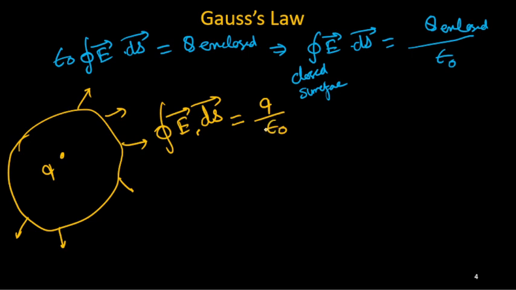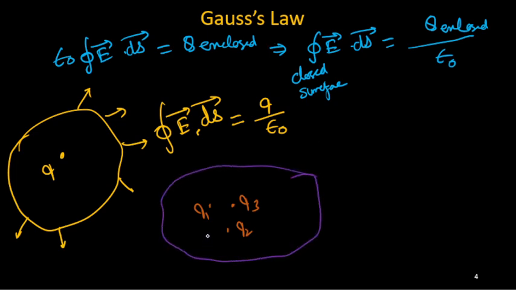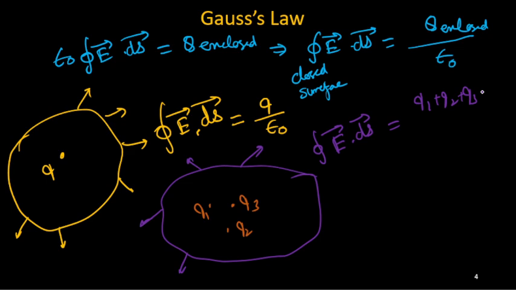Now instead of one charge, if I have more than one charge, what will I do? This is q1, this is q2, this is q3, three charges, and I have one closed surface like this. Here we have certain electric fields, but again the E dot dS integral will be the same as the total charge enclosed, meaning q1 plus q2 plus q3, upon epsilon naught.